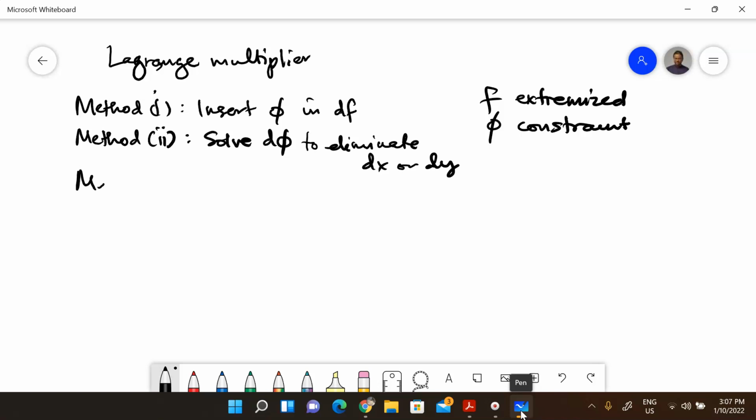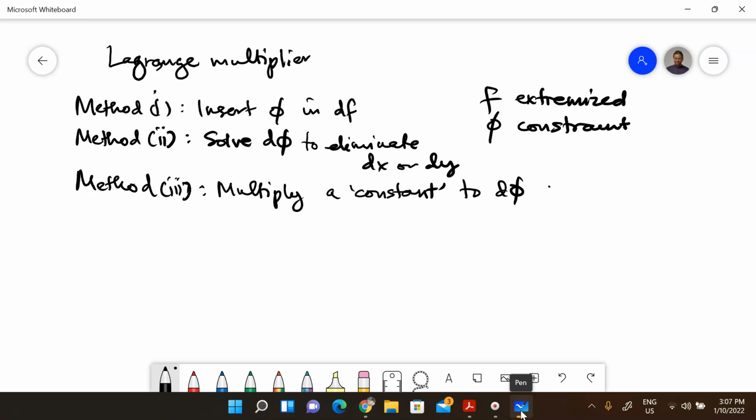And the last method is to multiply by a constant, or really not a constant but a variable kind of thing, to define and add to df. So this is the summary of the different methods.